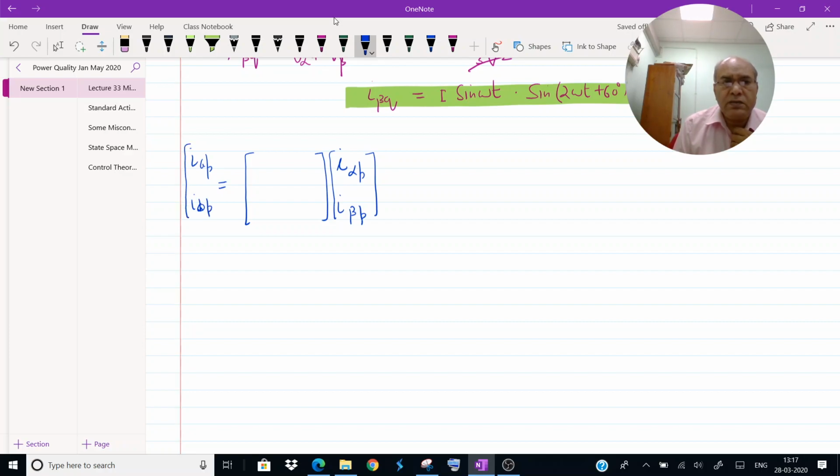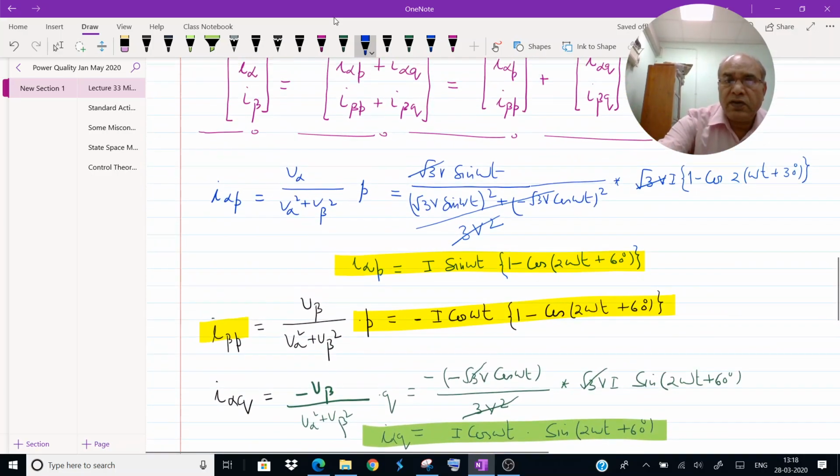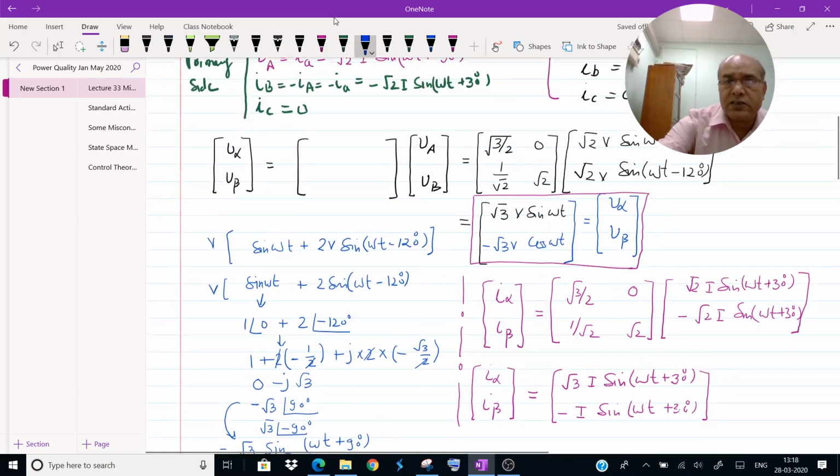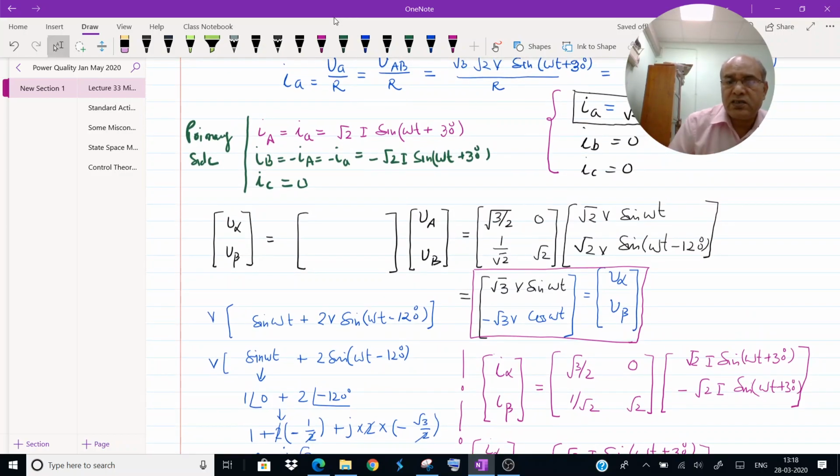This we have done in the beginning. Okay, do you remember this matrix? The conversion from alpha to A by inverse of the matrix which was given in the beginning here. Let us say this matrix. Okay, this matrix. So you have to take the inverse of this matrix.